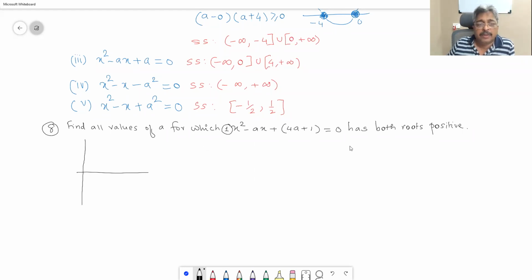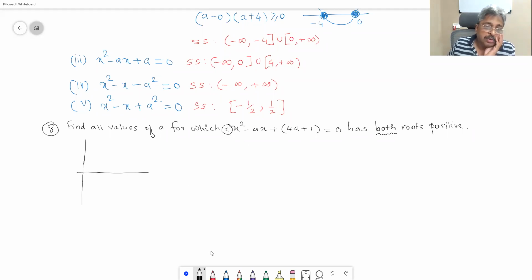It is said that both the roots are positive, therefore they can be equal, they can be distinct. Hence the first condition we get directly, because we need roots and both are supposed to be positive.